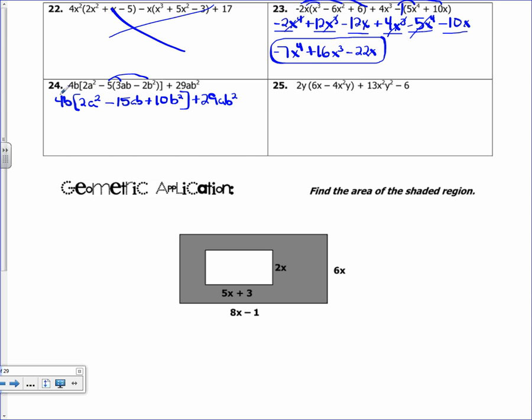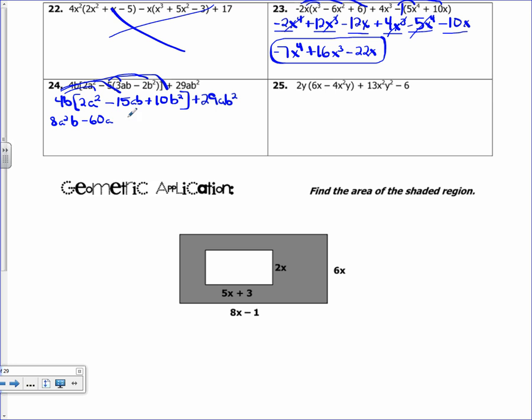Okay, next step, distribute the 4b. So distribute to 3 different things. So 4b times 2a squared is going to be 8a squared b. Right, because they're different letters, they can't be added together. 4 times negative 15, well that makes negative 60. And then the a is left alone.